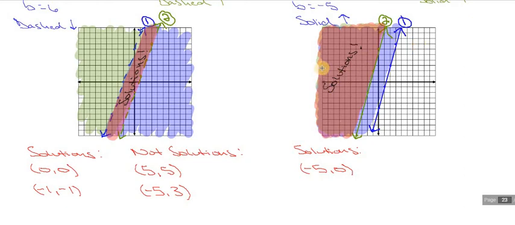And -10, 3. Not solutions would be 0, 0. The origin is only blue. And let's go 10, 1. That has nothing.